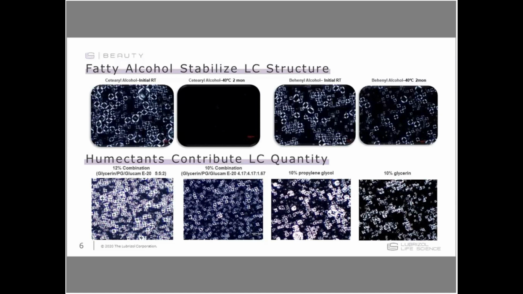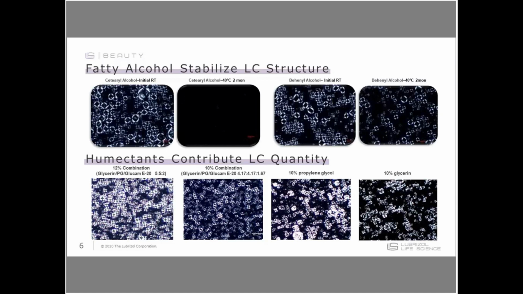So next we see the presence of humectants, how they influence the liquid crystal quantity. The function of these glycols in the liquid crystal structure is adding extra hydrogen bonding to make the liquid crystal structure easily formed and stabilized. Hence we observe the number of liquid crystals increasing significantly with humectant optimization.